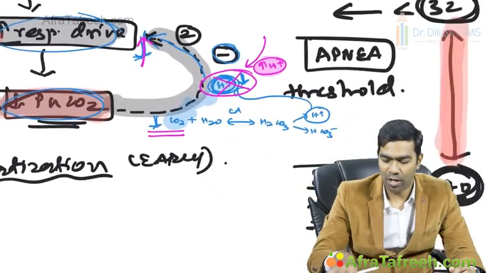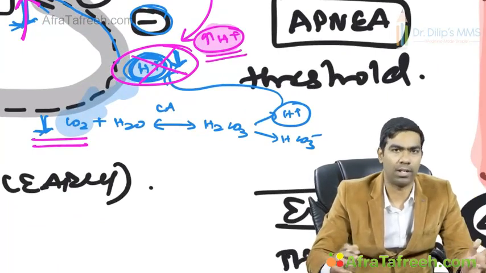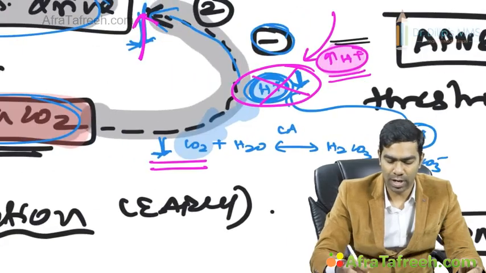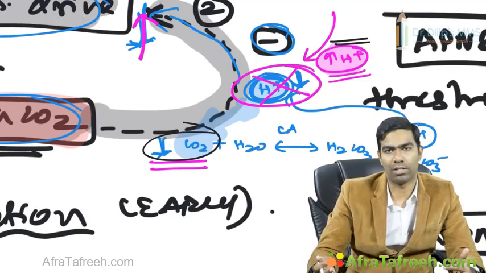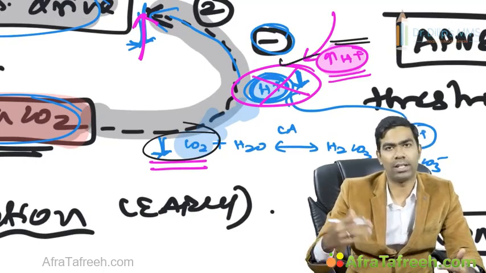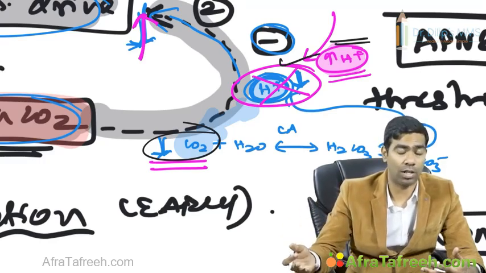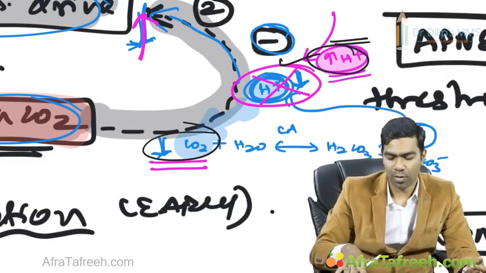Clear? So in what way does your body try to increase the H+? That is called acclimatization. You have to find a way to increase these H+ ions in the body, a way to fool the brain about carbon dioxide. Even though carbon dioxide is low, you increase the H+ so that the brain will not sense the loss of carbon dioxide, because the H+ is actually high. How can you fool it?